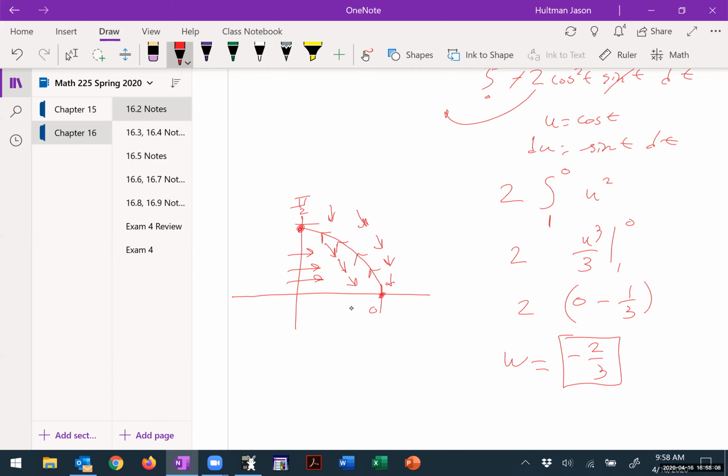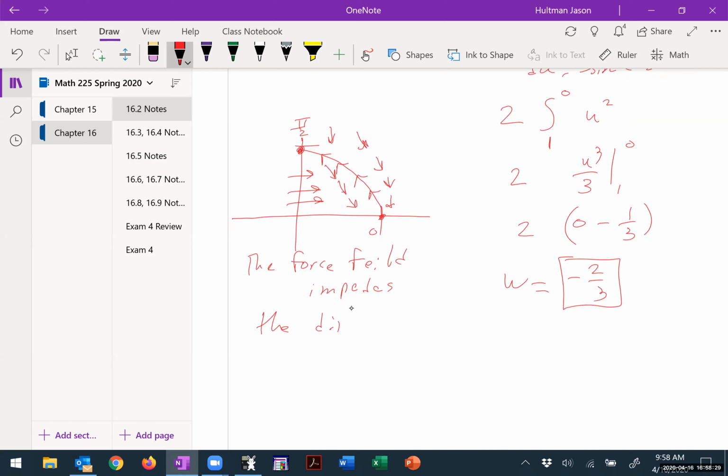So the force field is impeding the direction that the particle is moving, and that's why the work is negative. The force field impedes the direction of movement of the particle along C.